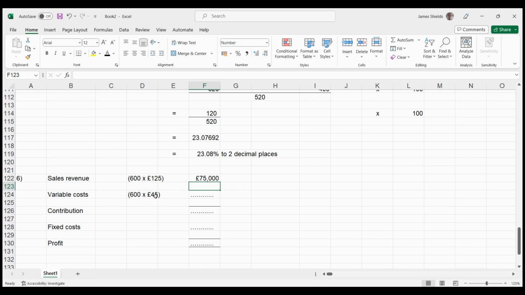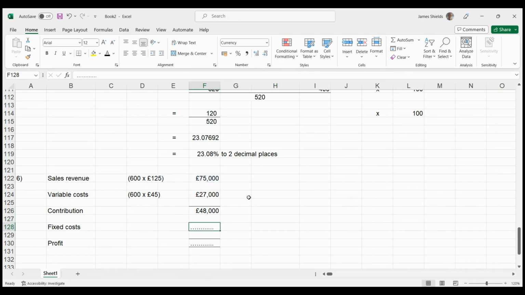The variable costs are £45 per pair of trainers, so it's going to equal 600 times £45. That's £27,000. So the contribution is your sales revenue take away your total variable cost, which is £27,000.